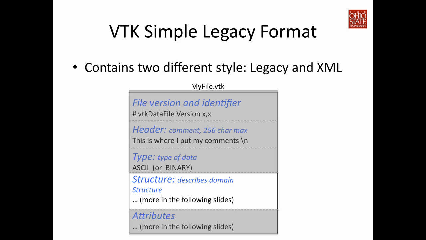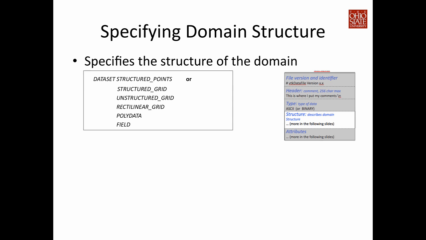Like we discussed before, to describe a scientific dataset, we need to specify the domain structures, i.e. the mesh, and the data attributes. Now let's look at the details of how VTK specifies the structure of the domain. Remember, the domain structure describes the positions of the sample points and how the points are connected together.